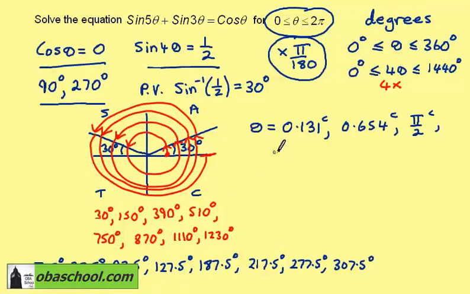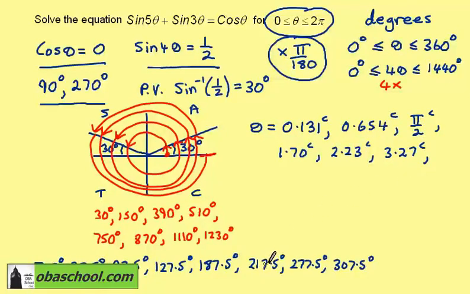The 97.5 times π over 180 gives 1.70 radians. 127.5 times π over 180 gives 2.23 radians. Then we have the 187.5, and this will give us 3.27 radians.